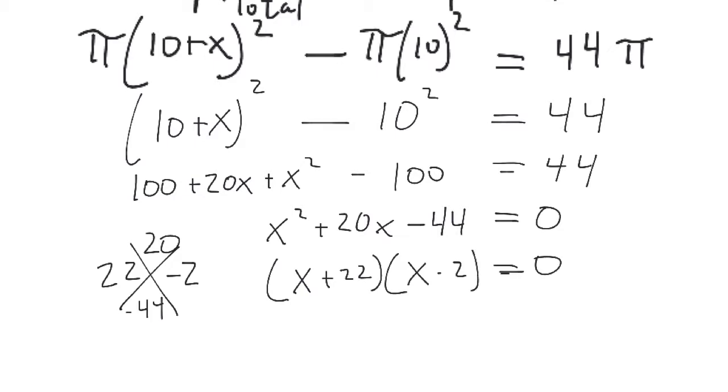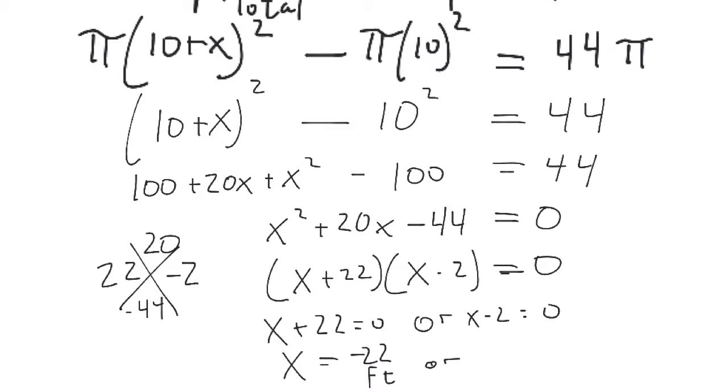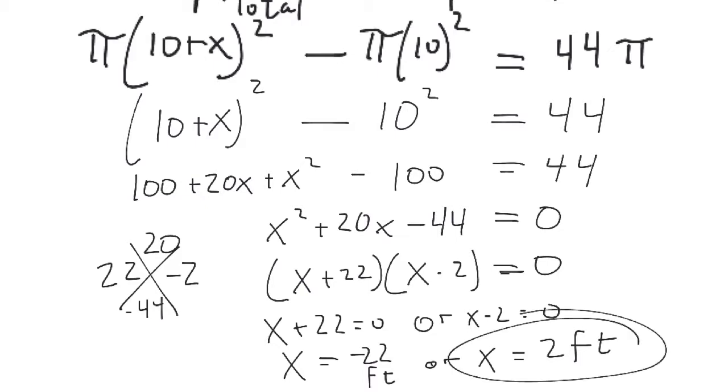Splitting the equation up, you get x plus 22 is equal to 0, or x minus 2 is equal to 0. So therefore x, the width of the sidewalk, can be either negative 22 feet, or x could equal positive 2 feet. And of course, the width of a sidewalk can't be negative, so therefore the answer is x equals 2 feet.